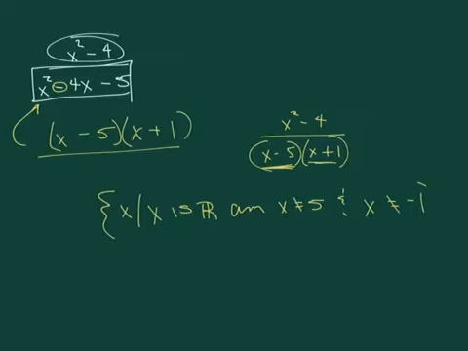So what we're doing is trying to find out what numbers would make the bottom 0. And that becomes your exclusion. That becomes what it cannot be. So x can be any number in the whole history of the universe except 5, except -1. So that's how we wrote that.